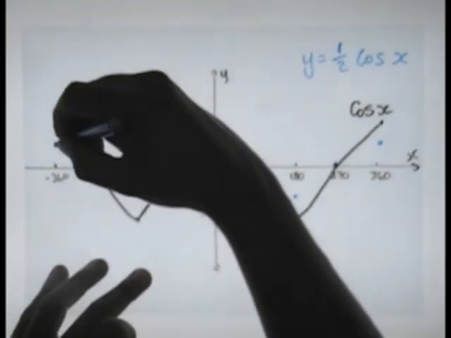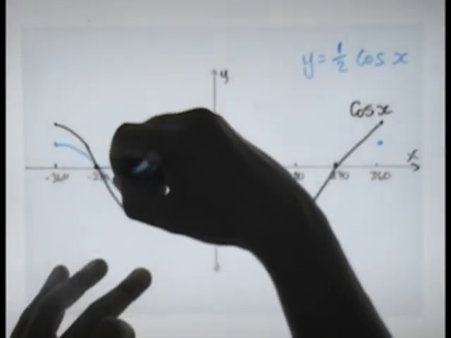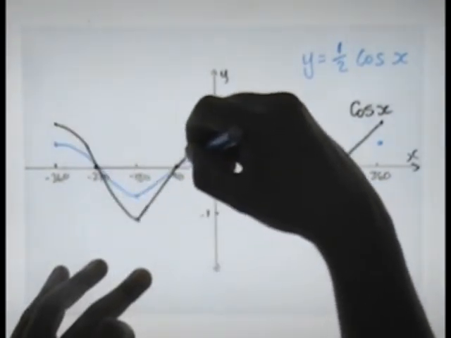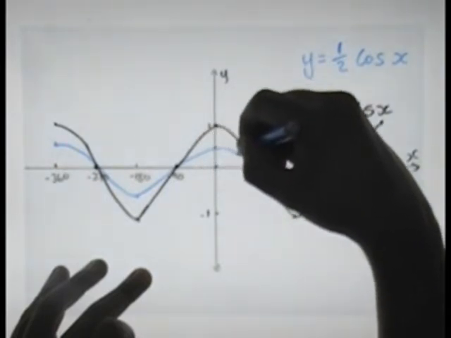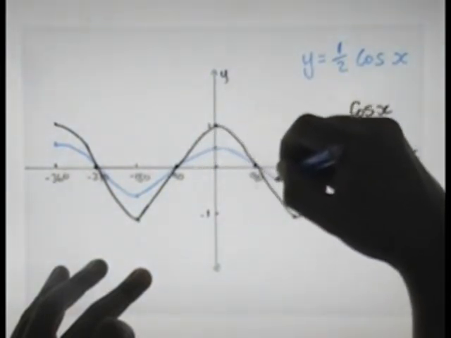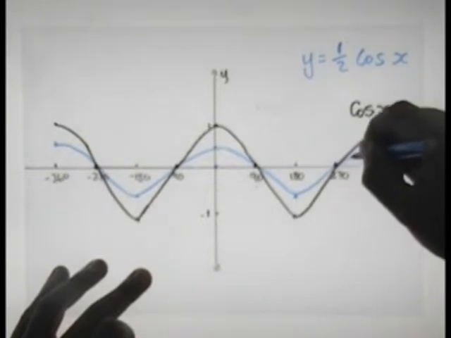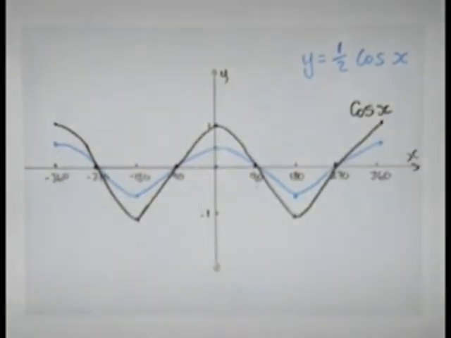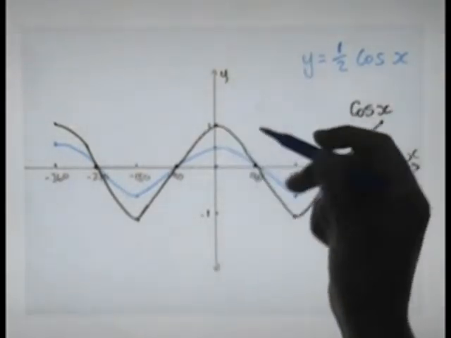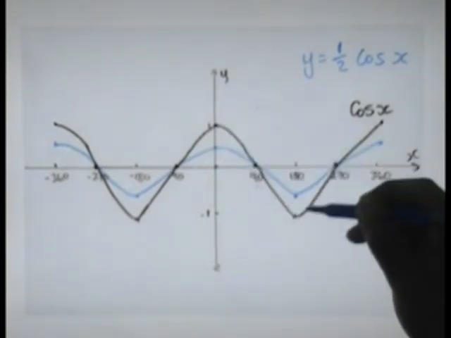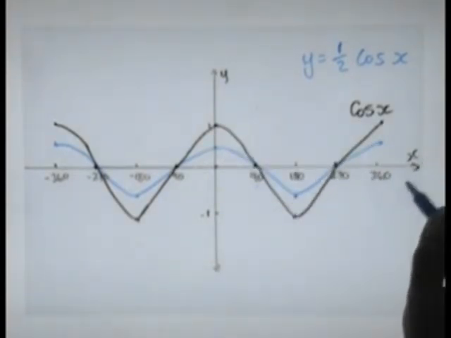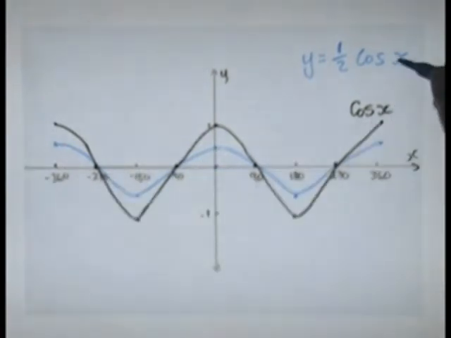That means that this graph is going to look a bit like this. Notice that all we've done is we've sort of halved the amplitude and halved the trough in our wave to get the graph y is equal to a half cos of x.